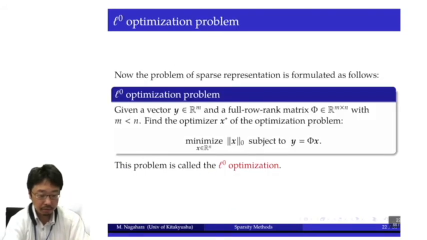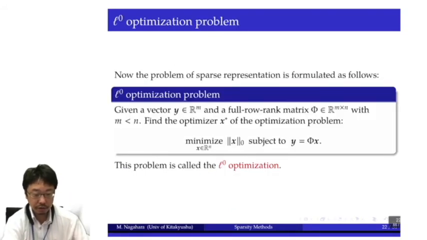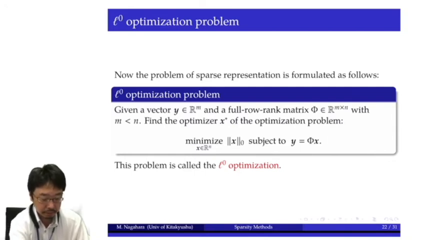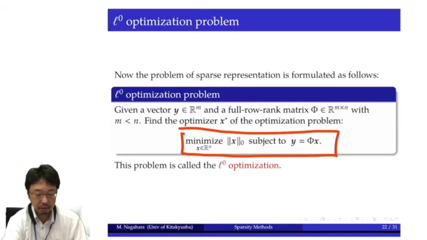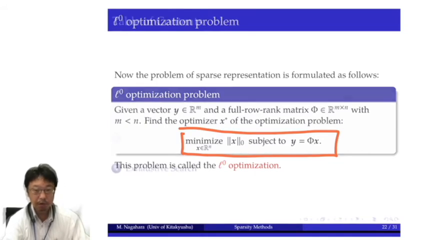Now, the problem of sparse representation is formulated as follows. Given a vector y in R^m and a full row rank matrix Φ of size m times n with m less than n, find the optimizer x asterisk of the optimization problem given by this. This problem is called the L0 optimization.